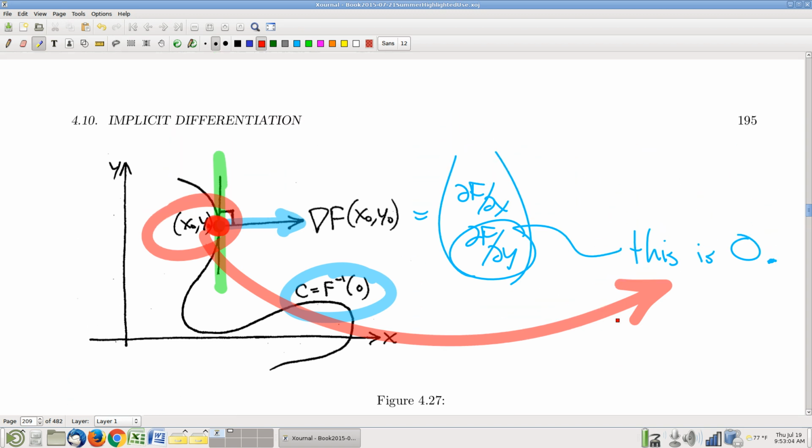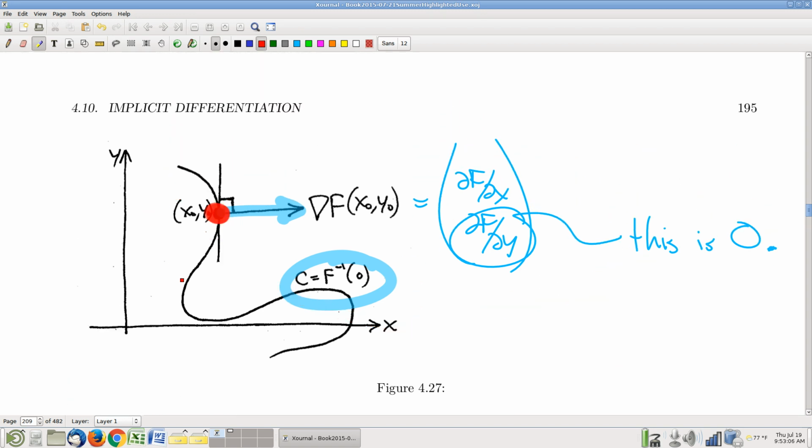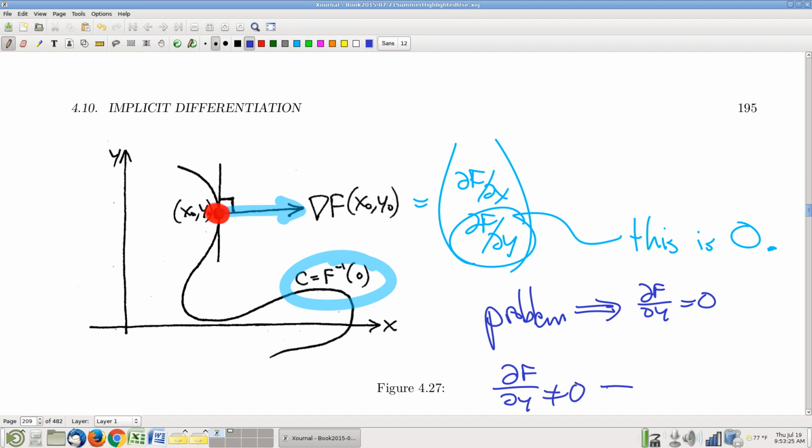And let me write this down, just to summarize. Problem implies partial of f with respect to y is 0. The contrapositive says if the partial of f with respect to y is not 0, no problem.